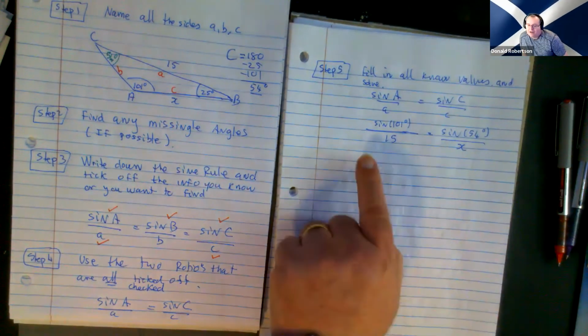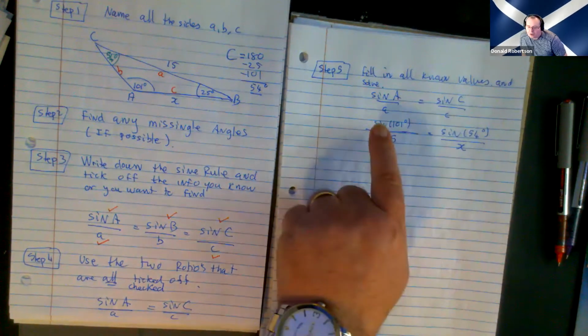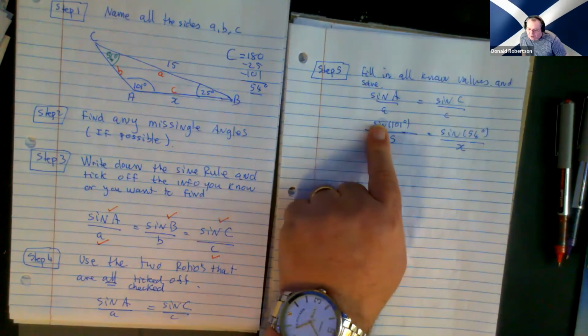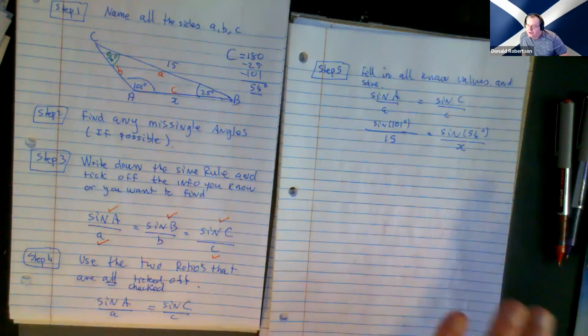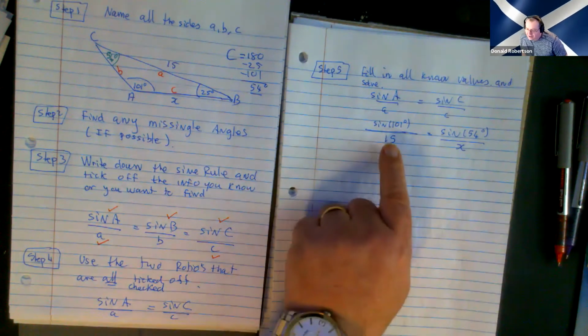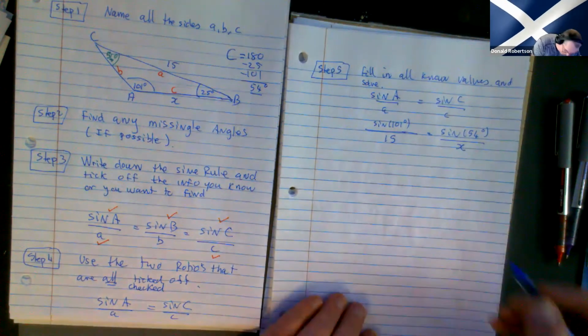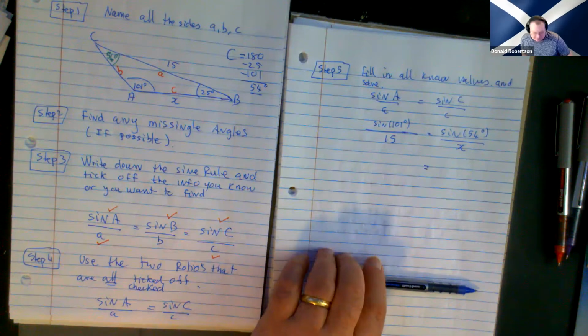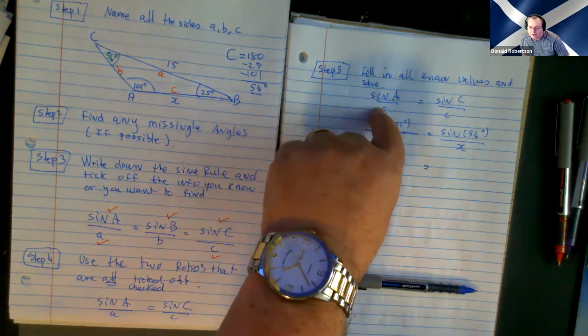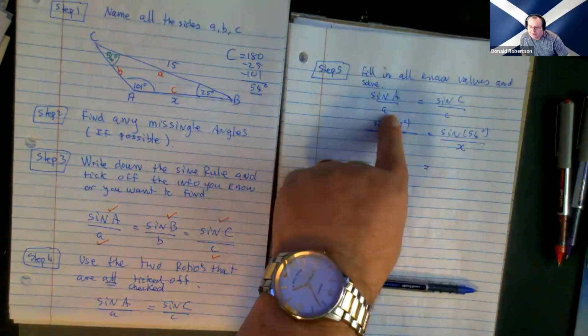You are going to deal with a lot of questions that involve one fraction equals another fraction, right? That's very typical when you do the sine rule. Fraction equals fraction. Here is your clue. It's a visual clue. Watch what my fingers do.